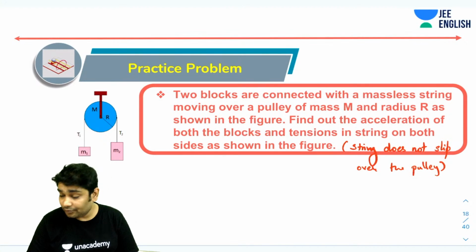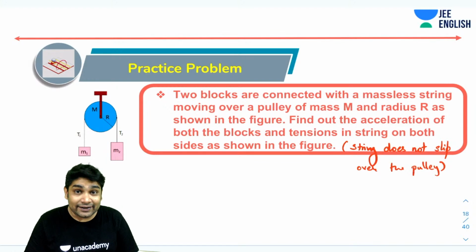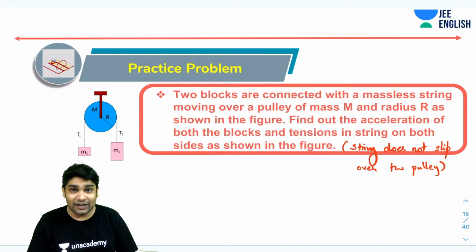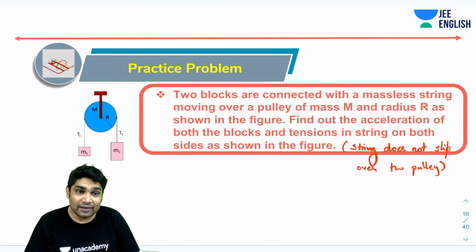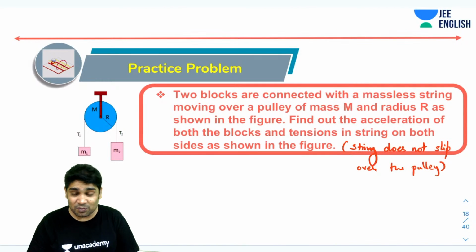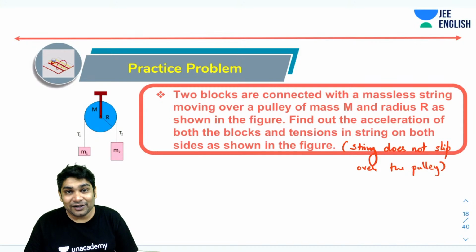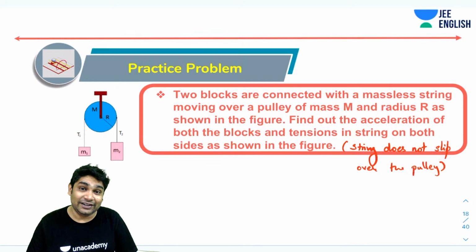Again, rotation is the trickiest topic in your entire class 11th and 12th syllabus. So make sure that you're paying attention to every small little thing. What makes things so tough in rotation is those small little things that you either don't think about or don't pay attention to. That is where most students go wrong, and that is why they feel this is such a horrible topic. We don't understand this one bit.